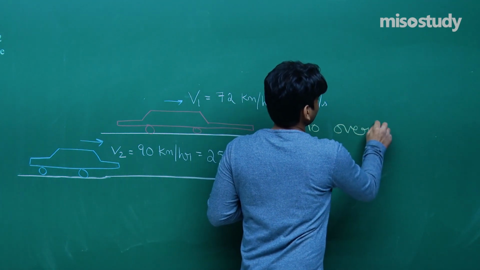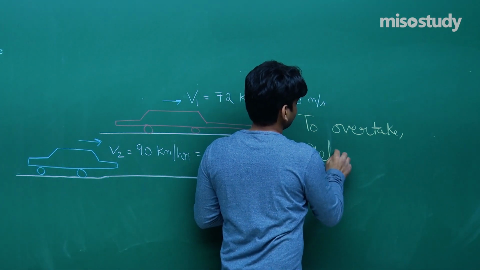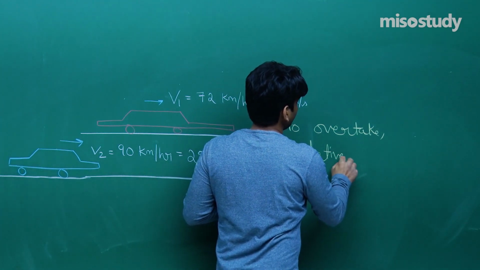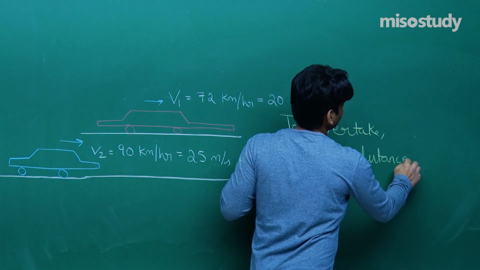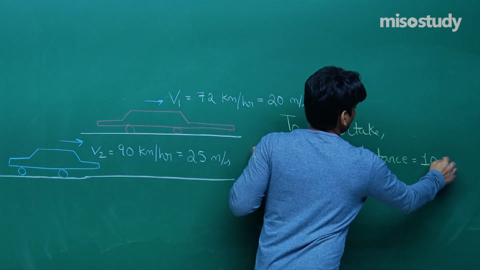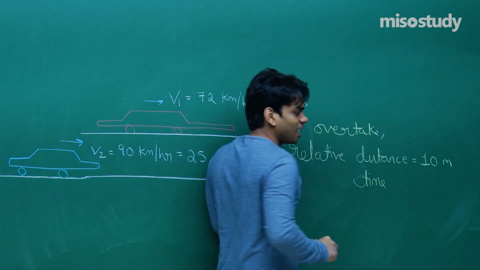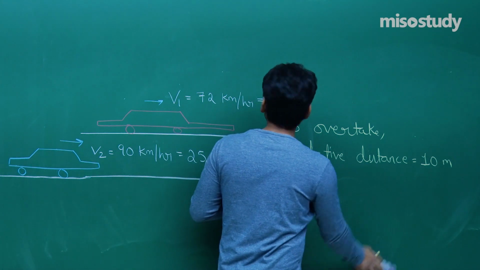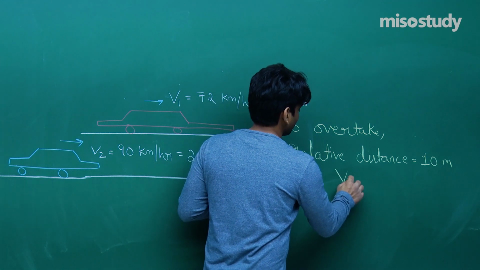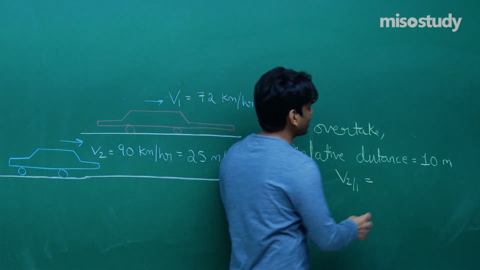To overtake, relative distance traversed will be 5 plus 5, that is 10 meter. So time taken, and before doing that, can I write the relative speed of 2 with respect to 1? So velocity of 2 with respect to 1, quite easy, 25 minus 20, that is what we have to do.